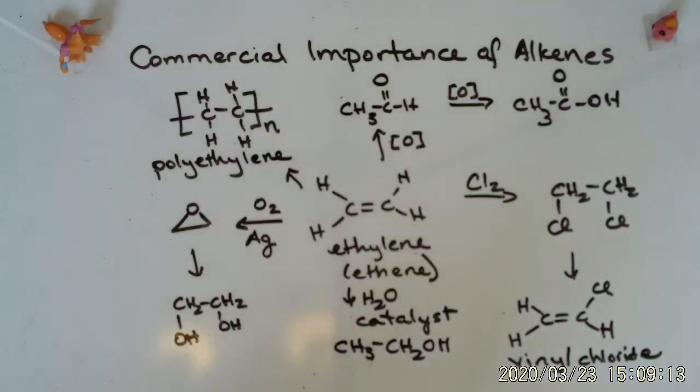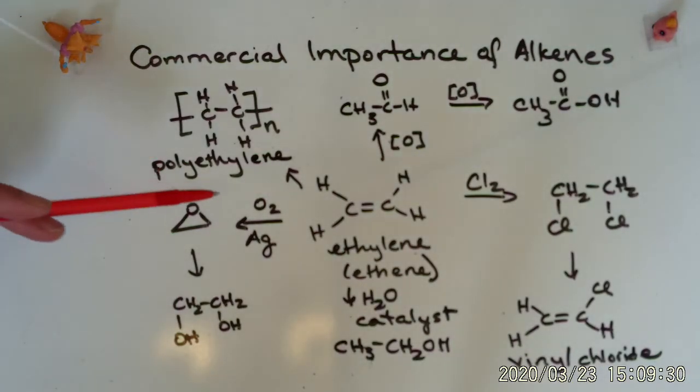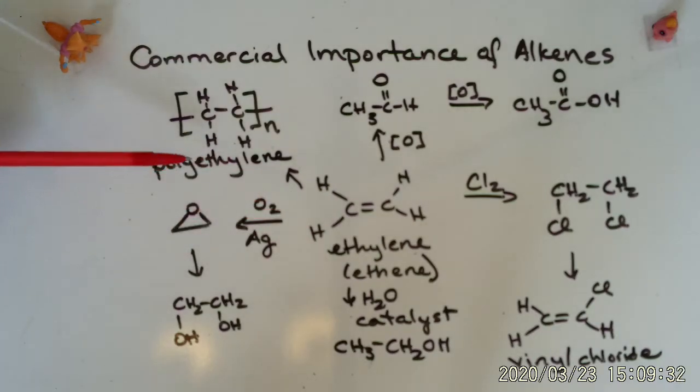The reason alkenes are so important is, let's start with ethene, more commonly known as ethylene. One of the most commonly used items that we have is polyethylene, like polyethylene shopping bags, and that's basically polymerized ethylene.